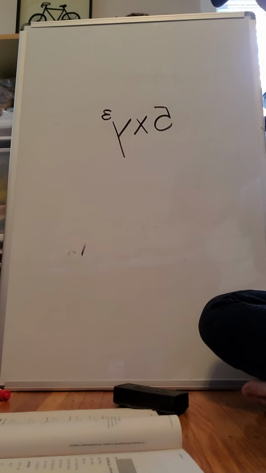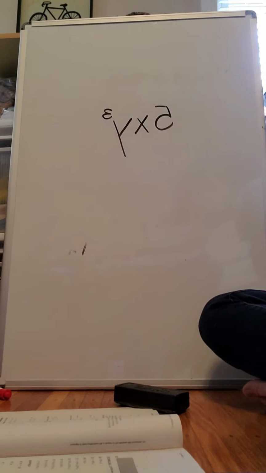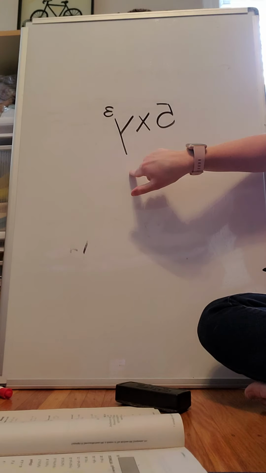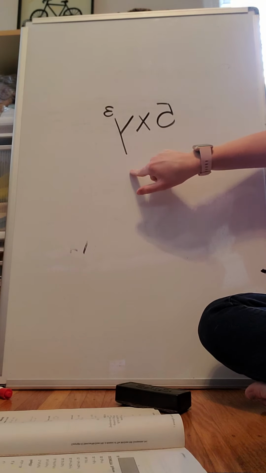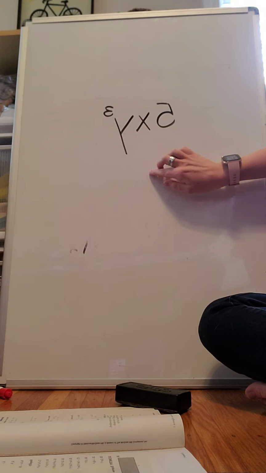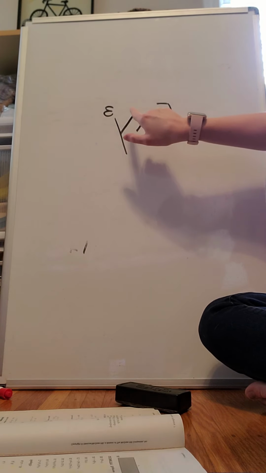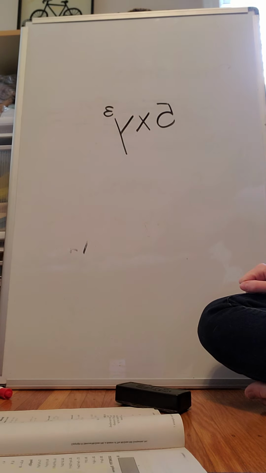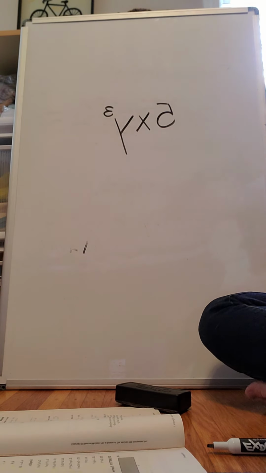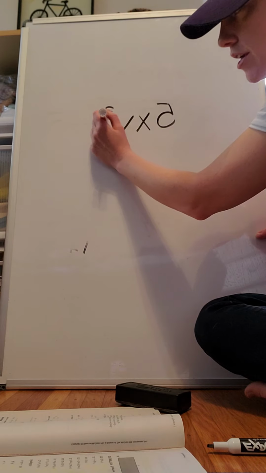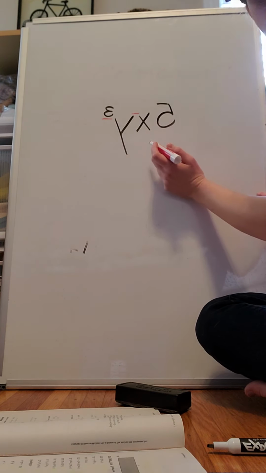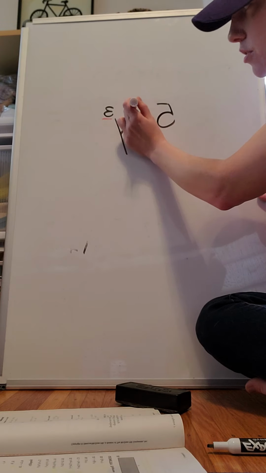Okay, so the next part of your notes is the degree of a monomial. So I wrote a monomial on the board. To find the degree of this monomial, we're going to add up all the exponents of the variables, just of the variables. So my exponents here, I have a 3 on my y, and I know that you don't see anything here, but we know that when there's nothing, that's a 1.